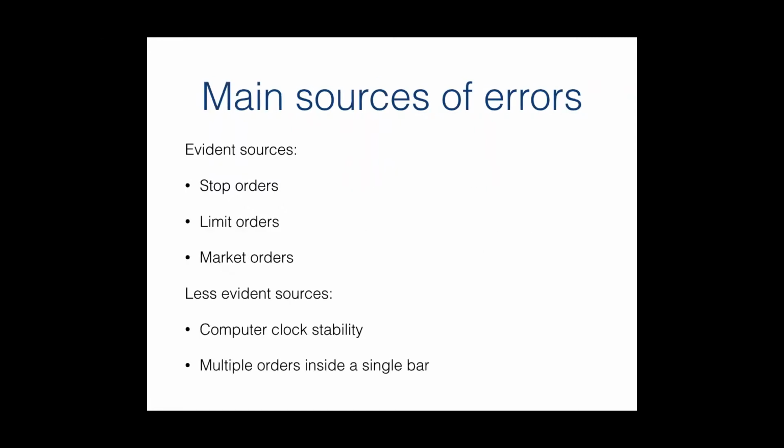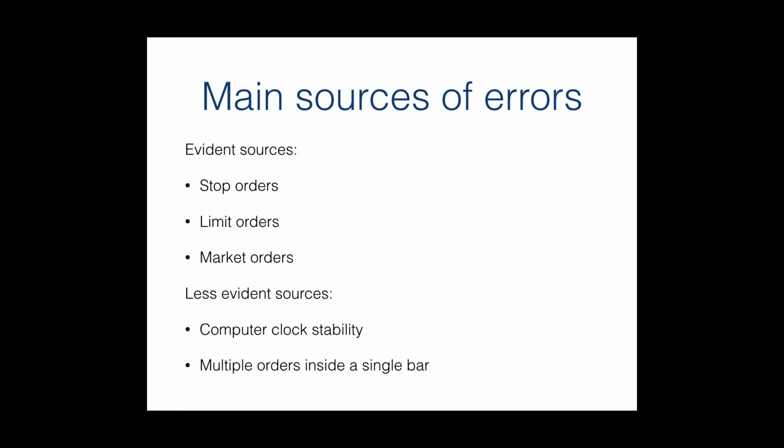There are more obvious and less obvious sources of errors in backtesting. Obvious errors are mostly associated with incorrect simulation of orders execution. We will discuss only the three most used order types here, partly in order to avoid going too deep into detail, and partly because most of the other order types can in fact be derived from these three.